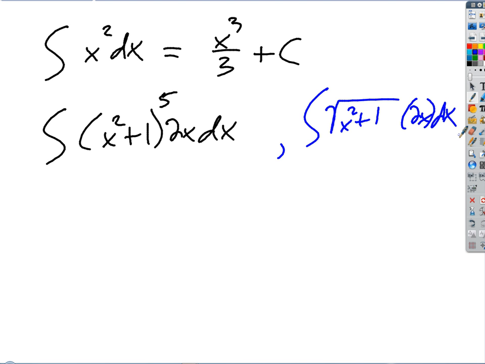That does not fit any of our standard forms. We have one that looks remotely similar, that looks like the power rule, but we can only deal with the power rule if that were just an x in there. Then we could write it as x to the 1/2, but we don't know what to do with something like this. At this point, we just don't know what to do. Okay, but we don't want to just leave it at that.